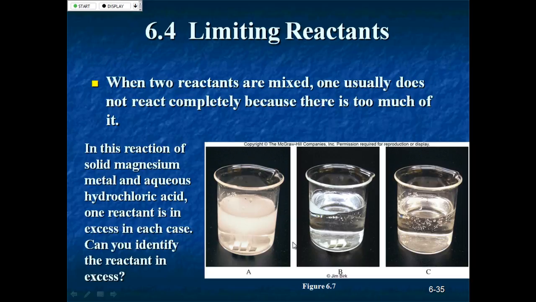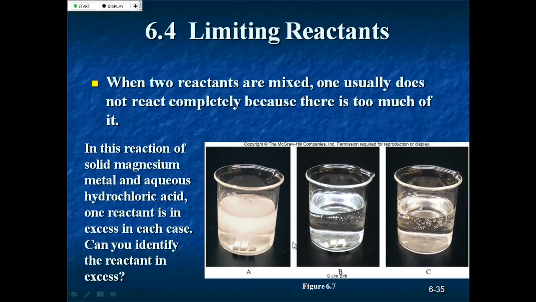We learned using number of moles as well as mass units. If the mass of the reactants are given, then you can convert that to moles and again use the mole ratio concept. So following on that, next topic is limiting reactants.